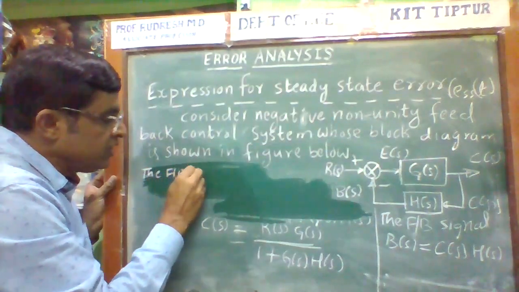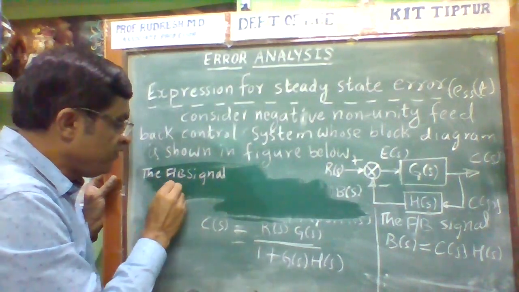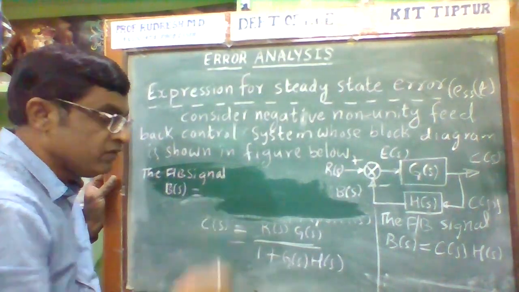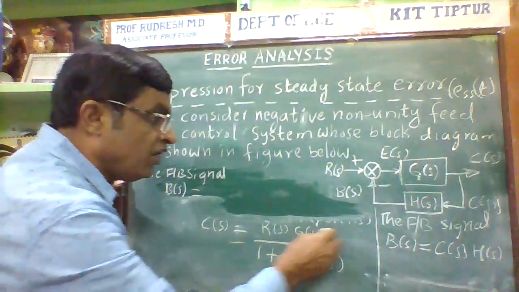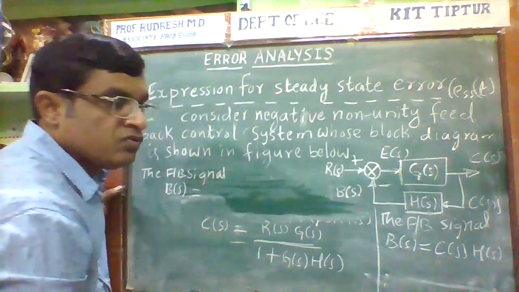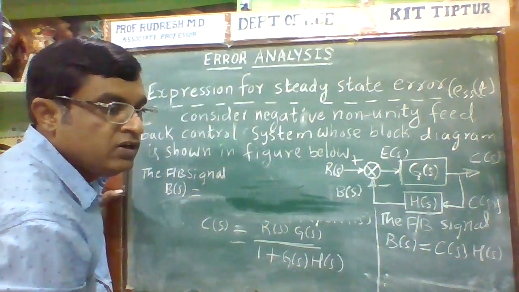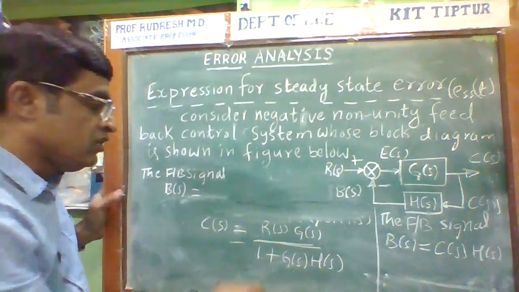The feedback signal B(s) is equal to C(s) into H(s).